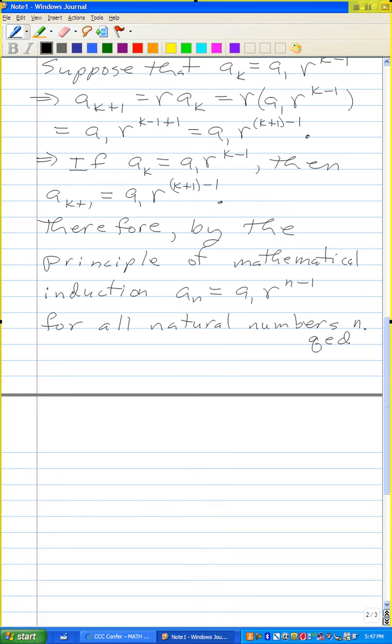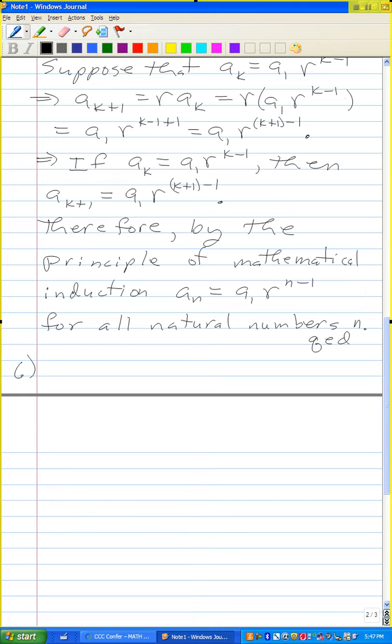Okay, so let's do problem number 6. In exercises 6 through 8, find the first 5 terms of the geometric sequence.